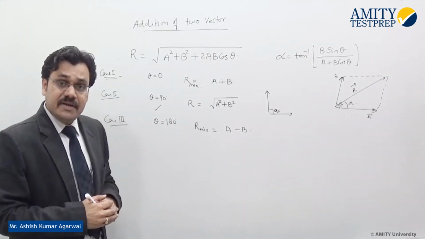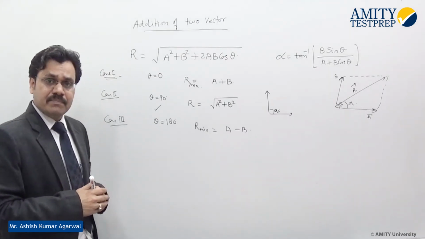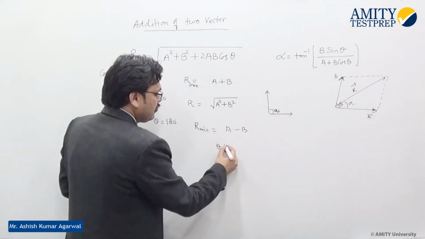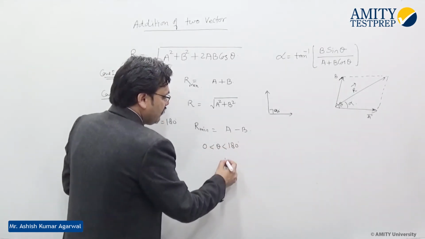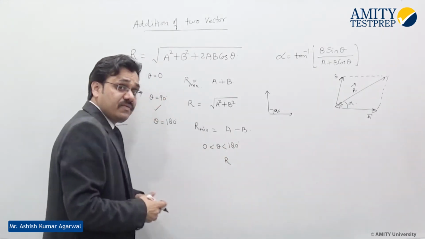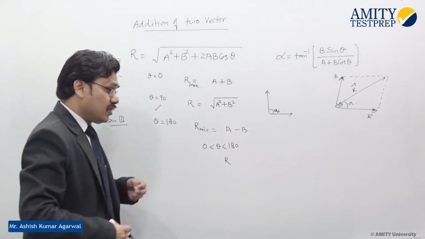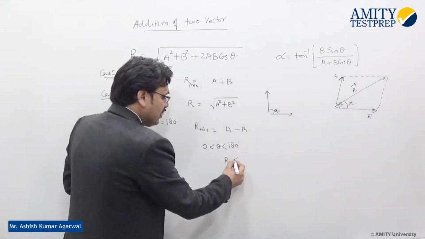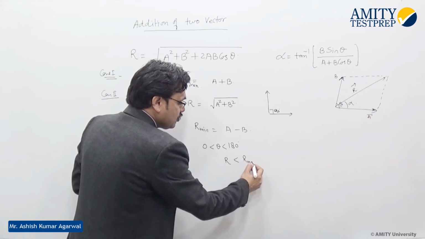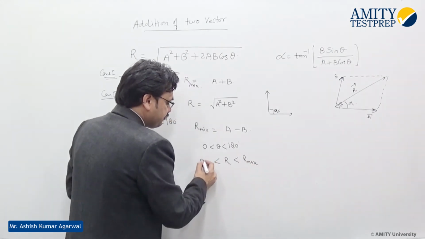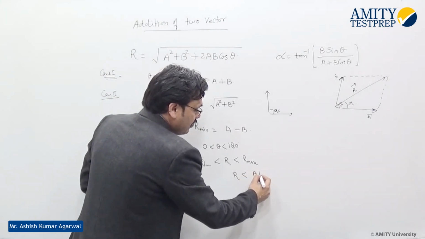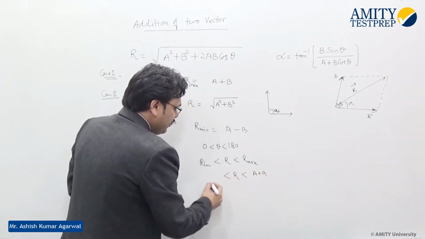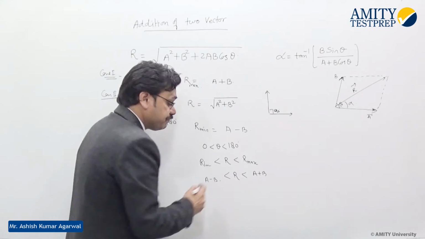If theta is 180, R will be minimum. It means if theta lies between 0 and 180, the value of the resultant will lie between R maximum and R minimum. It means the value of R will be between A plus B and the magnitude of A minus B.